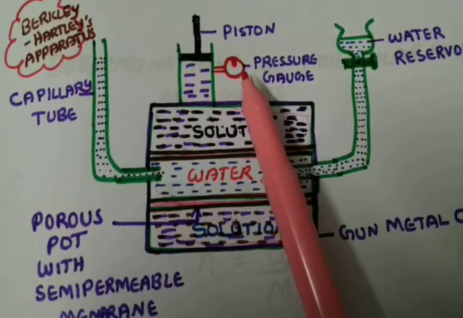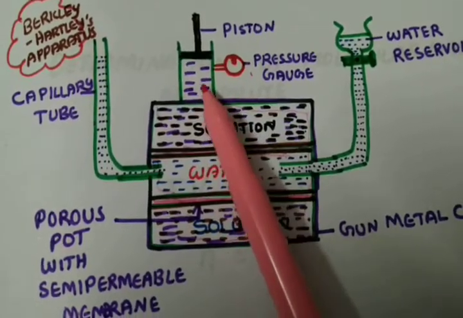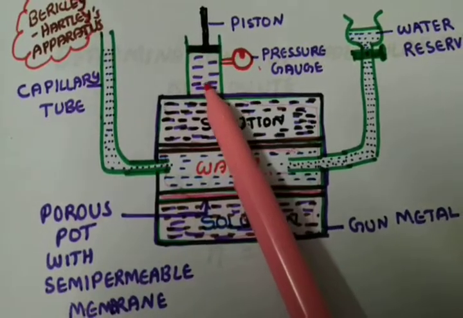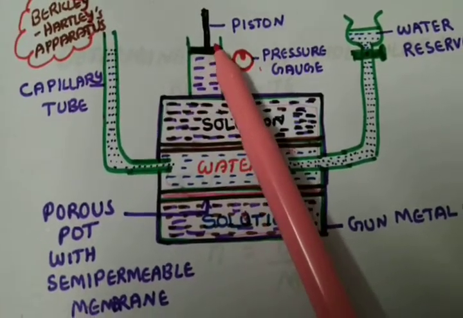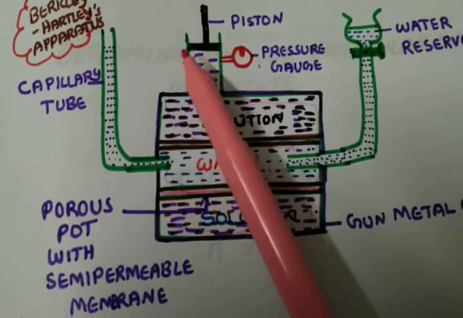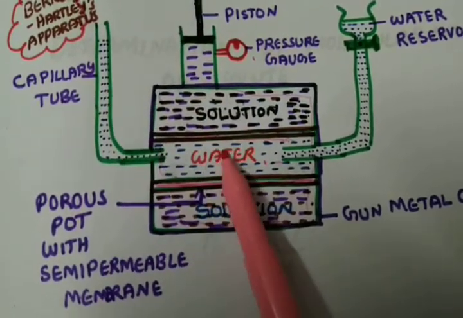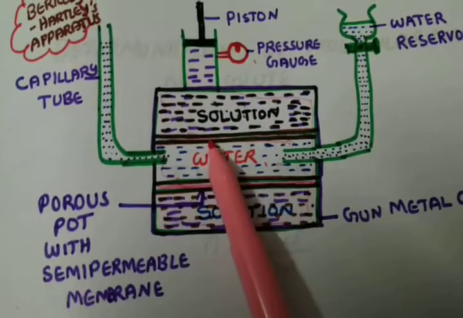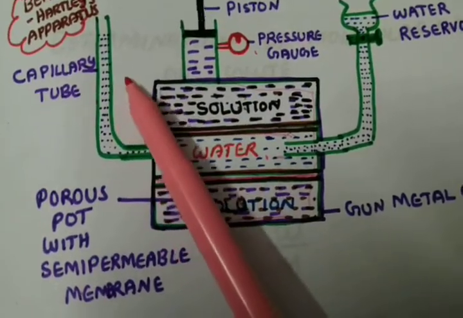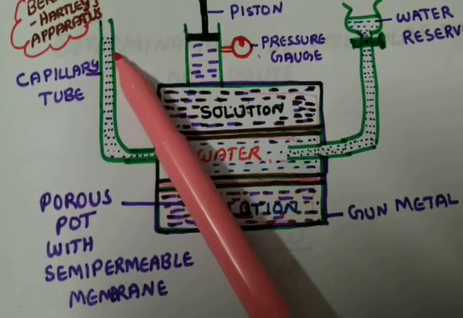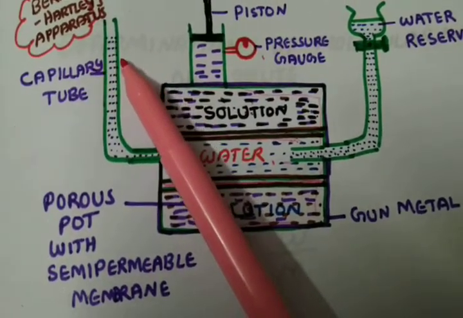Okay. An excess pressure is applied to the solution through a piston so as to prevent the solvent to solution flow. So the solvent level in the capillary tube remains the same as the initial position.